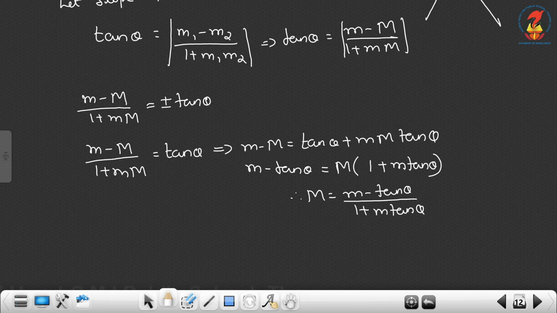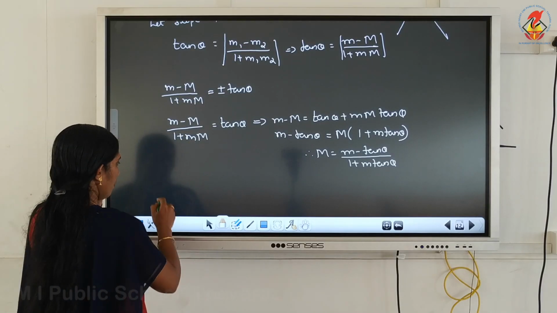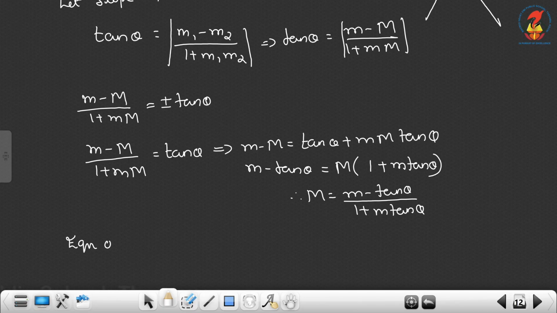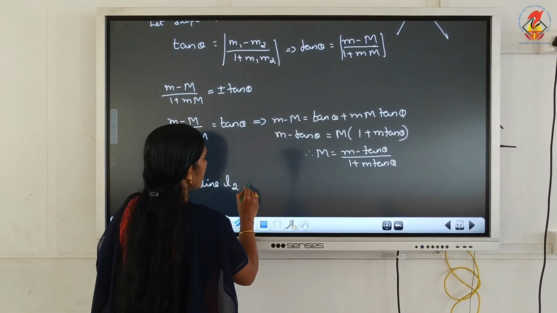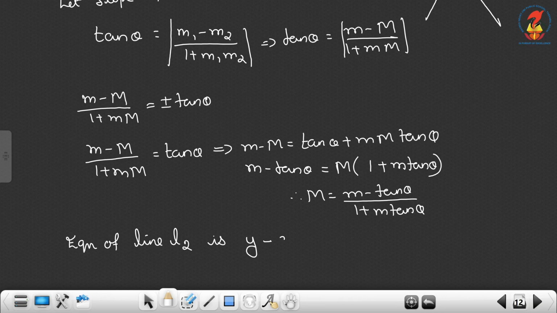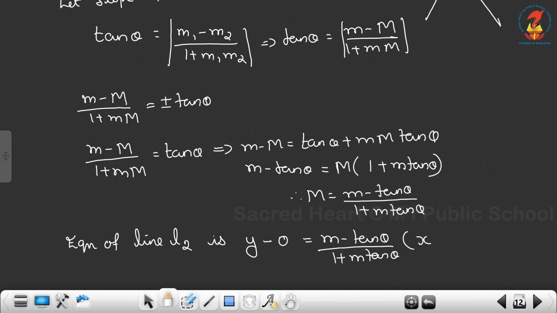Now we can find the equation also. What is the equation of line L2? Line L2 passing through the origin is y minus y0, where the point is the origin, equals slope into x minus 0, the slope being (m minus tan theta) by (1 plus m tan theta).